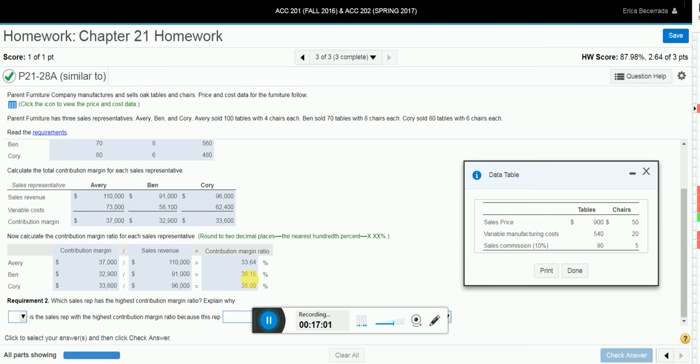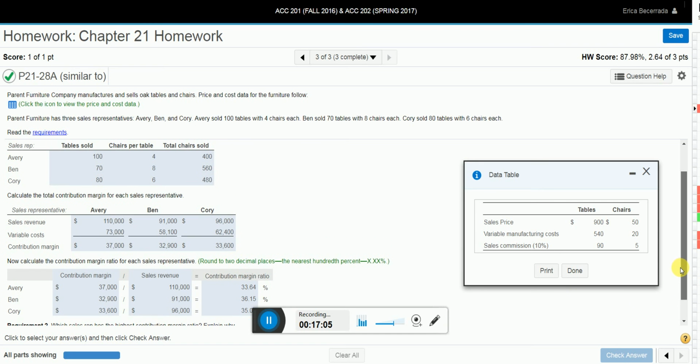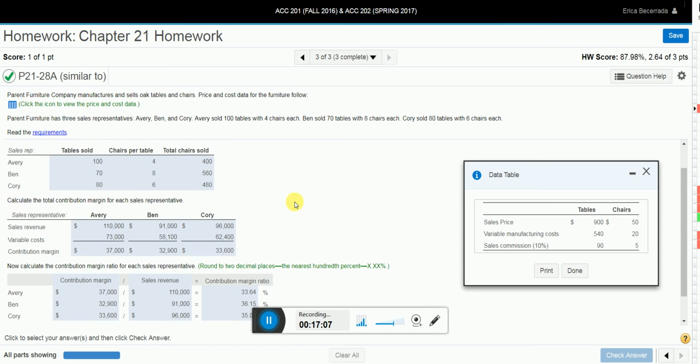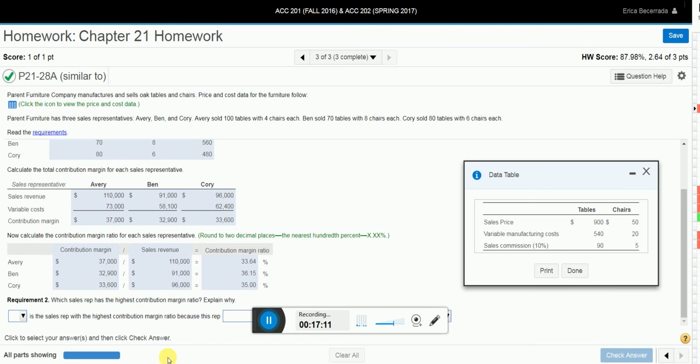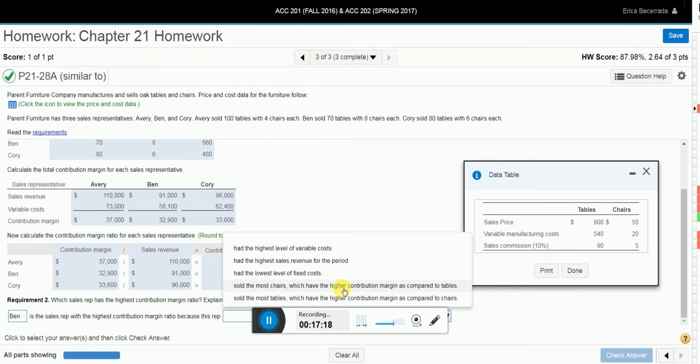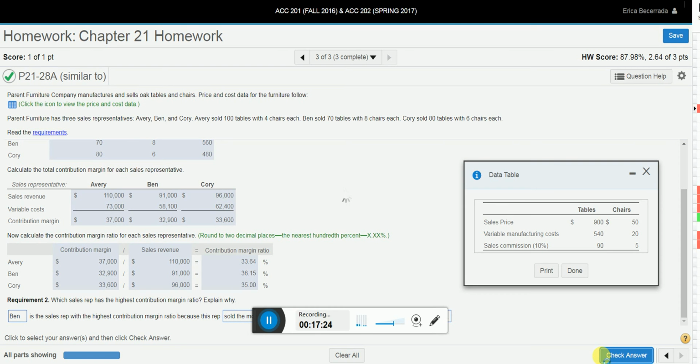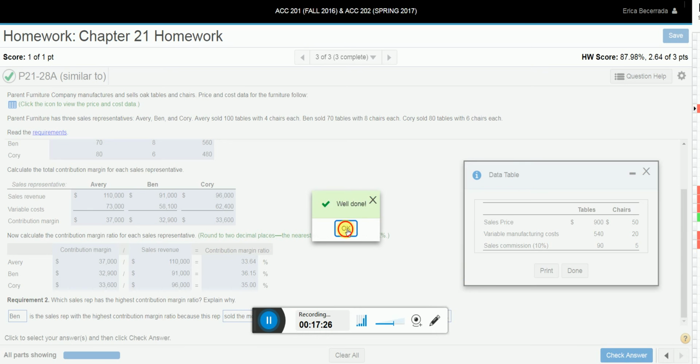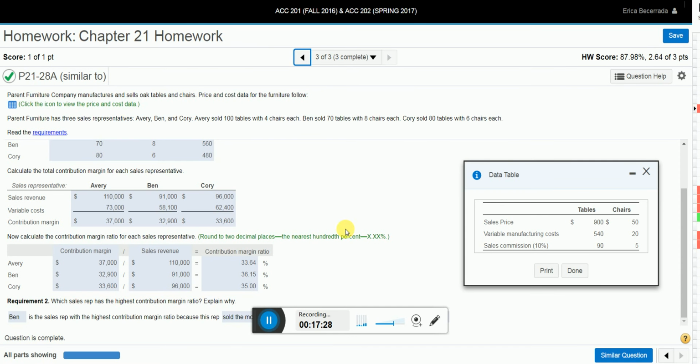And the reason why Ben has the highest contribution margin ratio is because Ben sold the most chairs, which have a higher contribution margin ratio compared to the tables. And that is problem P21 to 21A.